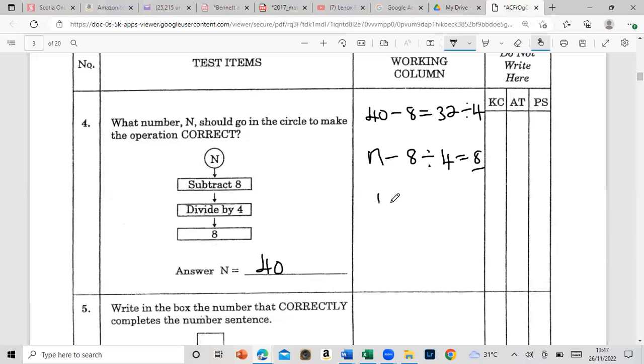Or I can do some fancy way like this. All right, so we transpose, so we multiply by 4, so that's n minus 8 equals 4 times 8.